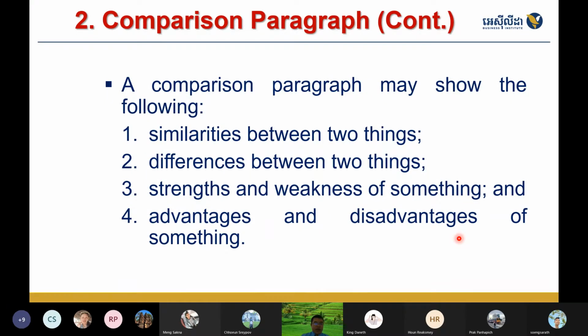You have to compare which one of the two things, people, or ideas is strong, and which is weak. And the last one, you have to find which one is the advantage and which one is the disadvantage of something. Something refers to people, things, and ideas. So these are the characteristics of a comparison paragraph that you have to write.